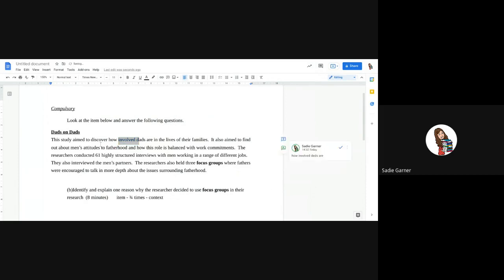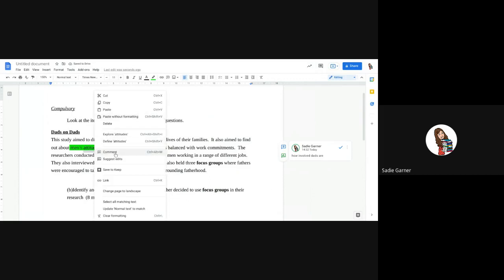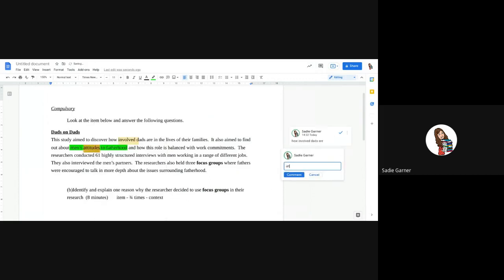It also aimed to find out about men's attitudes to fatherhood. Okay, so it is looking at their attitudes as well to fatherhood. And how this role was balanced with work commitments.